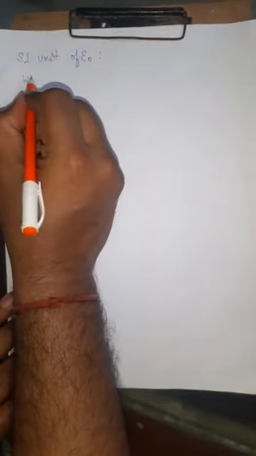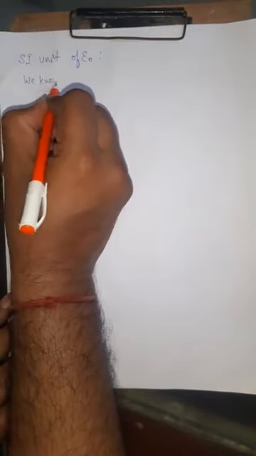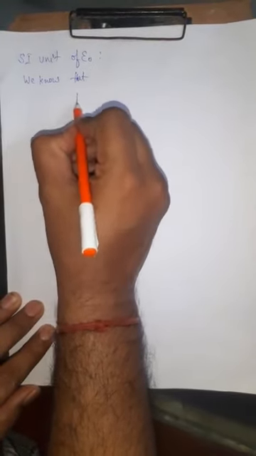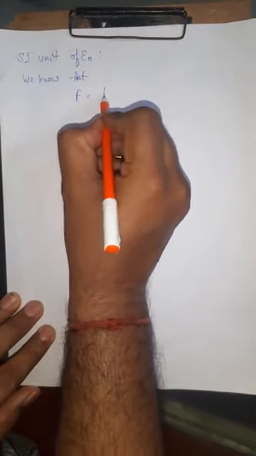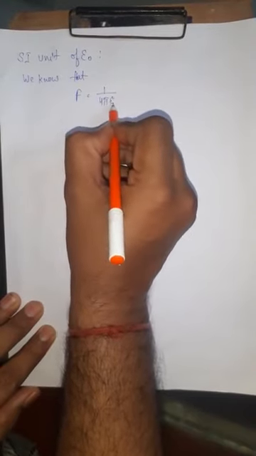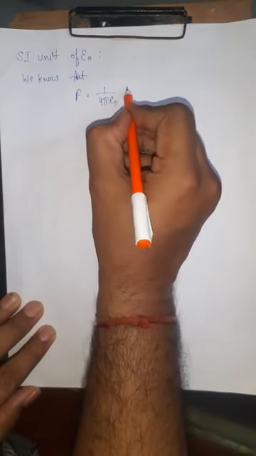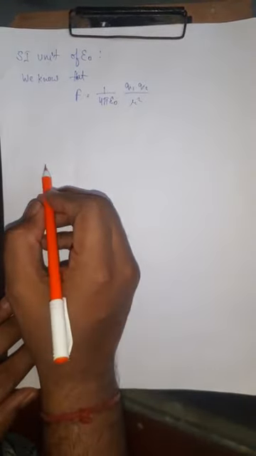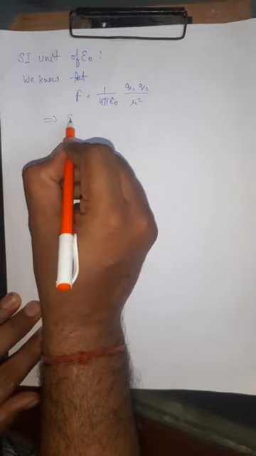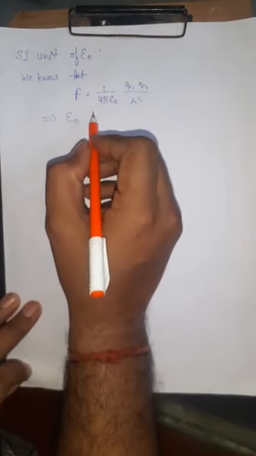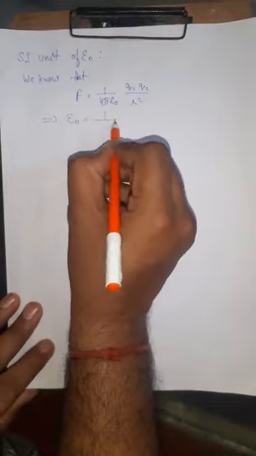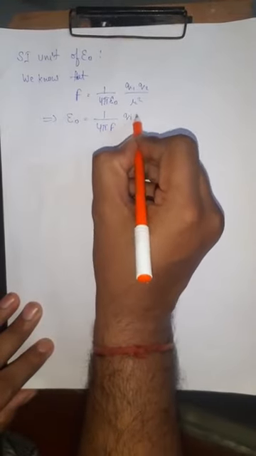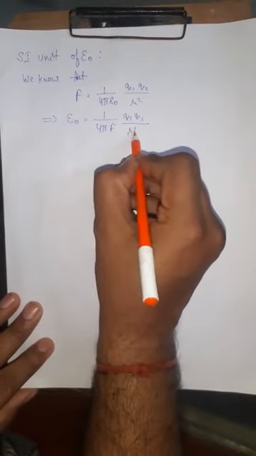We know that F is equal to 1 over 4 pi epsilon naught Q1 Q2 over R square. So this gives epsilon naught is equal to 1 over 4 pi F, Q1 Q2 over R square.